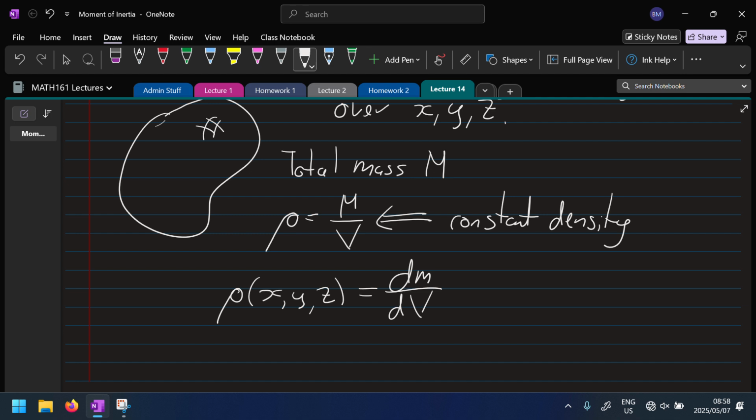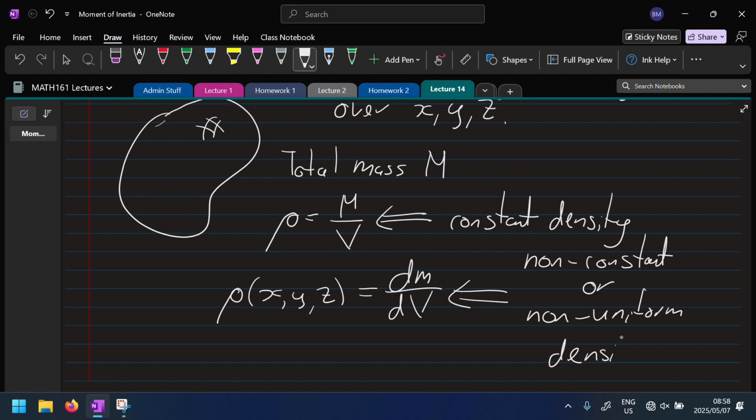Okay, and this is non-constant or non-uniform density. We'll look at examples with these two. So we're going to have solids with constant density, solids with non-constant density, and we need to know how to work with that.